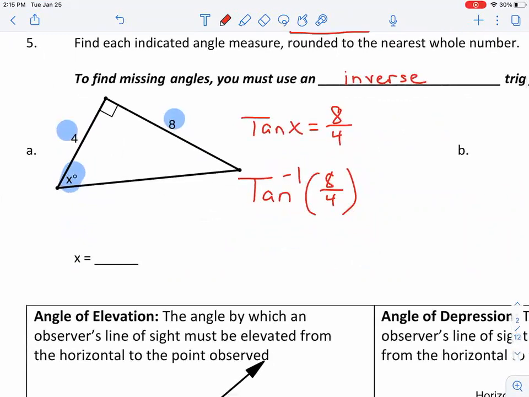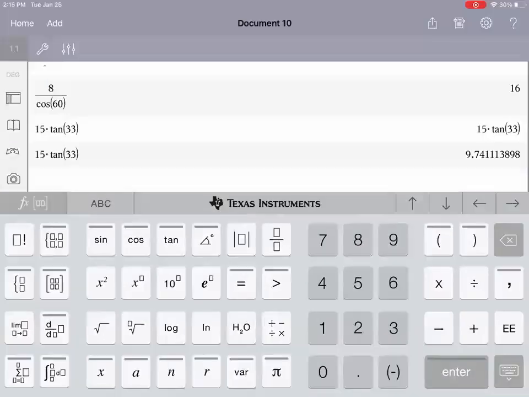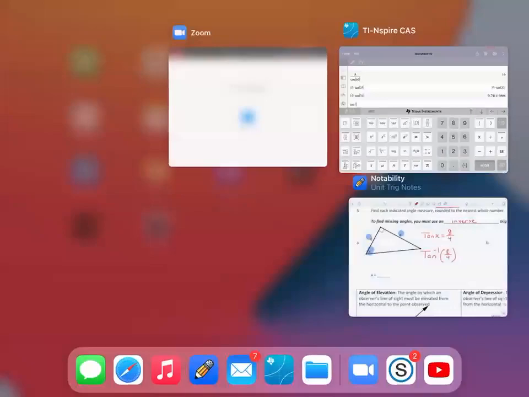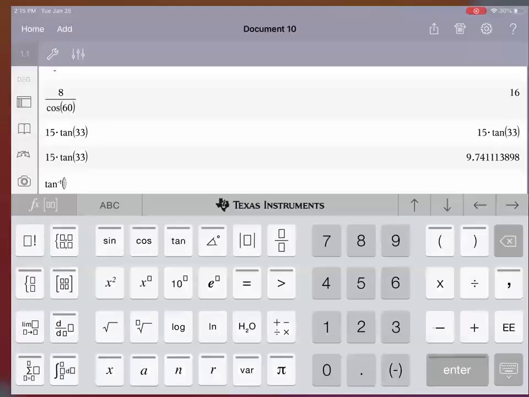But to plug that into our calculators, I have to go to tangent, click and hold it down and do the inverse tangent of, I forgot my numbers already, 8 over 4. Inverse tangent of 8 over 4.